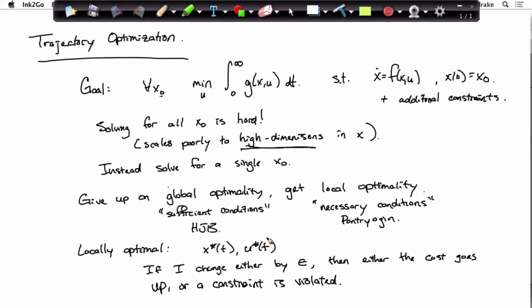So I get a one-dimensional signal, meaning it depends only on time, that describes x and u. That class of numerical algorithms associated with finding locally optimal trajectories is called trajectory optimization. Let's see how it works.